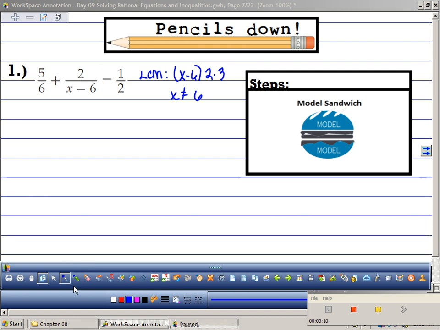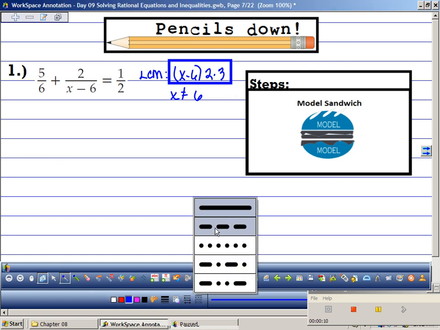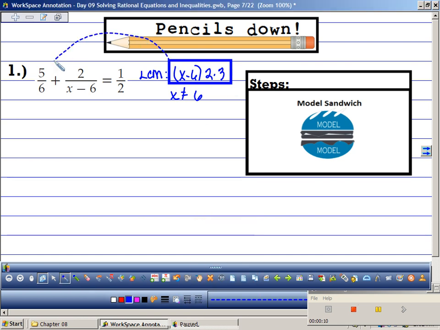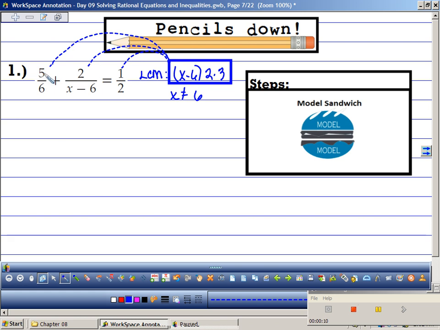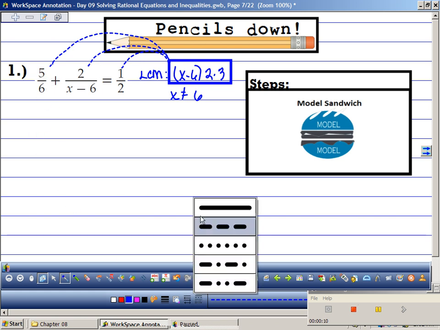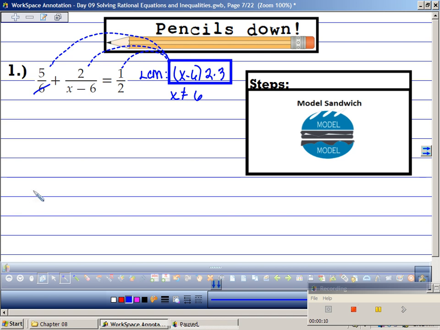So I'm going to take this LCM and I'm going to multiply each one of my terms by that. So when I multiply it, I'm going to cross off the 6 here and here, and I'll be left with 5 times whatever's left over, correct?